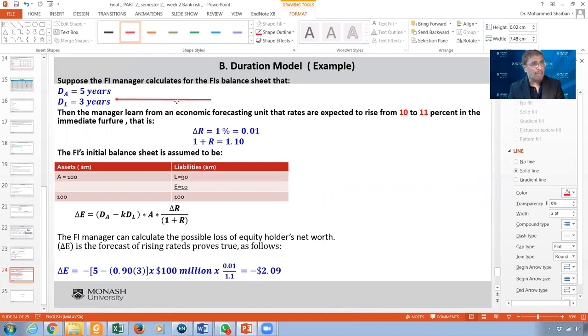Now I can calculate actually the change if the interest rate increases by 1%. Then I can calculate this formula, which I showed you before.